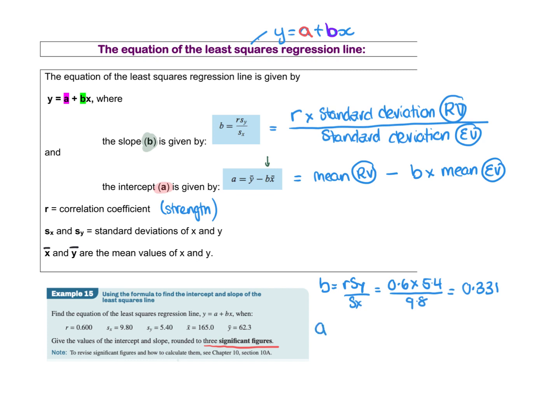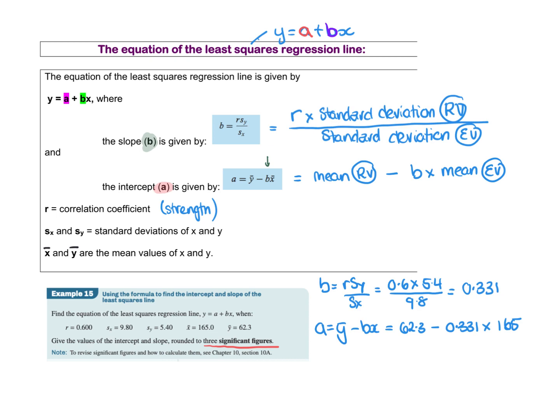I'm going to go find A. So I'll write the formula, and I'm going to do it. The mean is 62.3 minus the B value, which was 0.331, times the mean of X, which is 165.